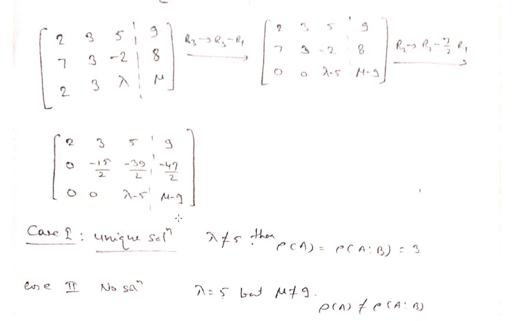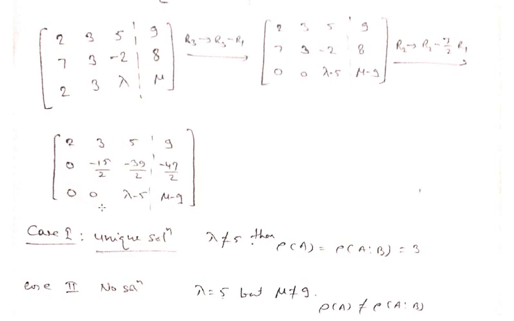So now we will discuss the cases one by one. First we discuss under what condition the solution will be unique. We know the solution will be unique if the rank of the coefficient matrix is equal to the rank of the augmented matrix, and that rank should equal the number of variables. Here the number of variables is 3.